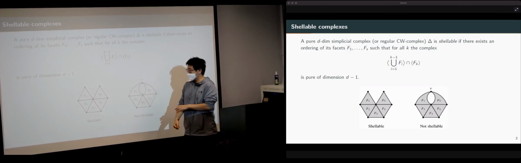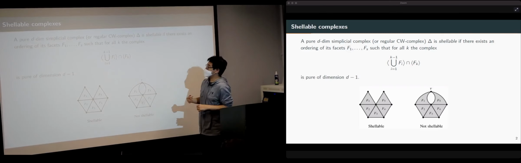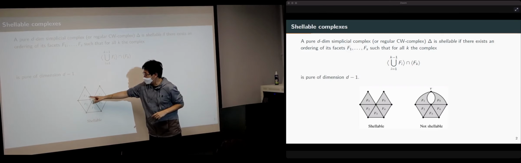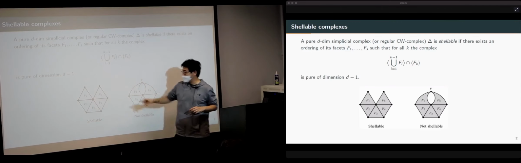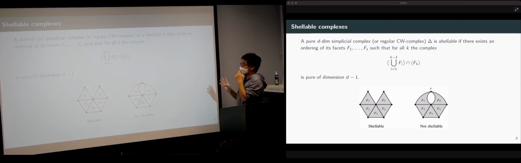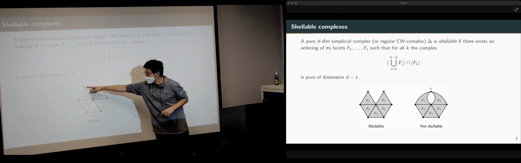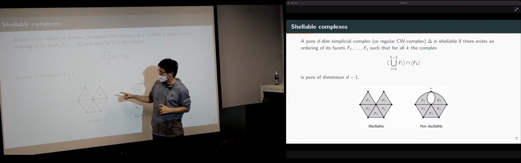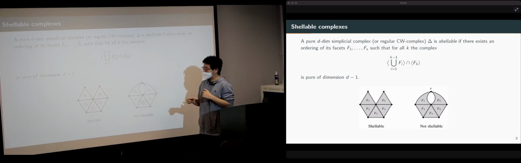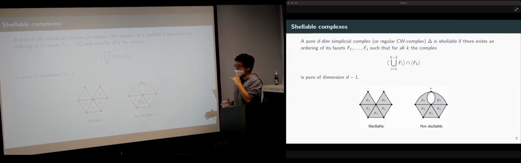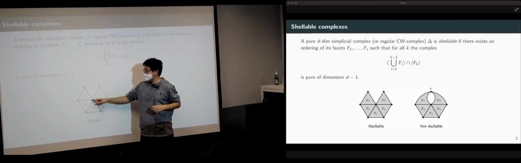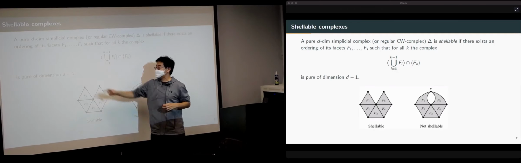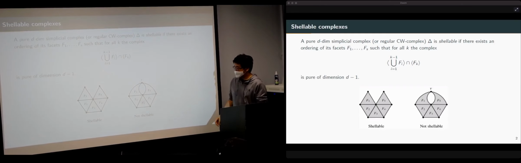This is a shelling ordering, because the ordering we have on the facets, F1, F2, F3, F4, and F5, turns out to be a shelling order. Why? Because F1, well, that's good by itself. If you attach F2 to what you have before, that is F1, then the intersection is just a single edge over here, which satisfies this condition that it's pure of 1 less dimension.